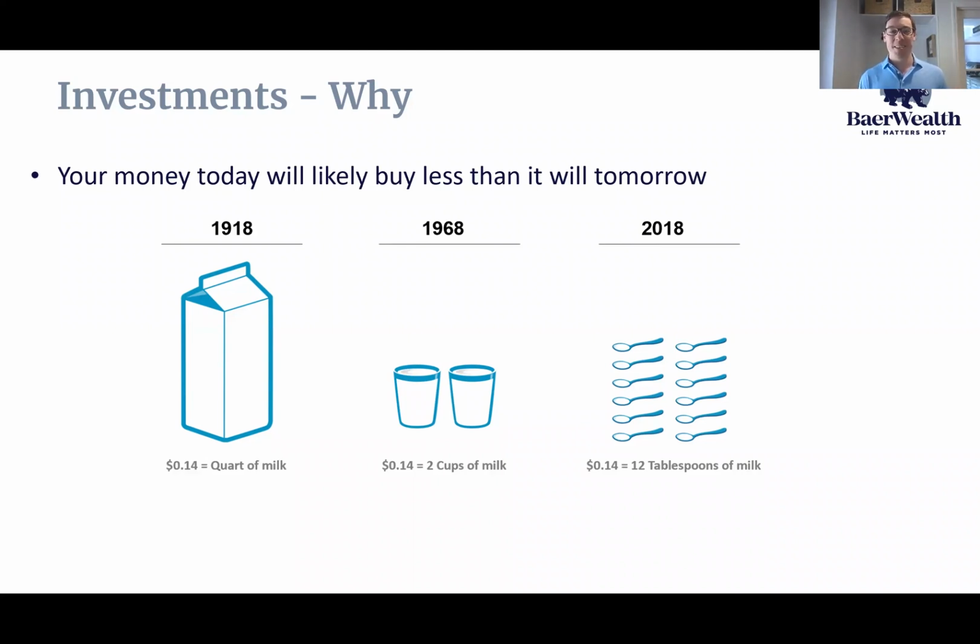Right? Same thing with cars. A few decades ago, you could probably buy the nicest, newest car out there for maybe 20 grand. And today you go to the dealership and you could easily spend $50,000 without even really thinking about it. Of course, that's why we have to have our money grow.